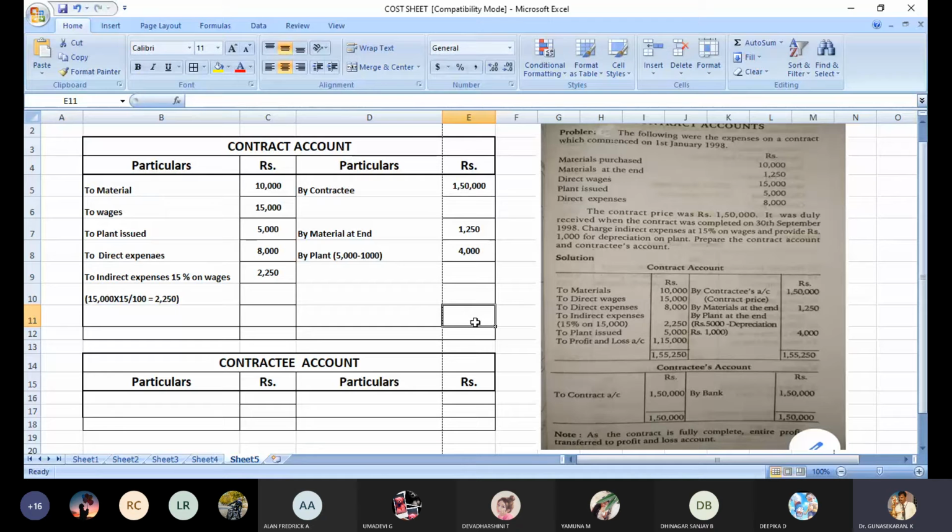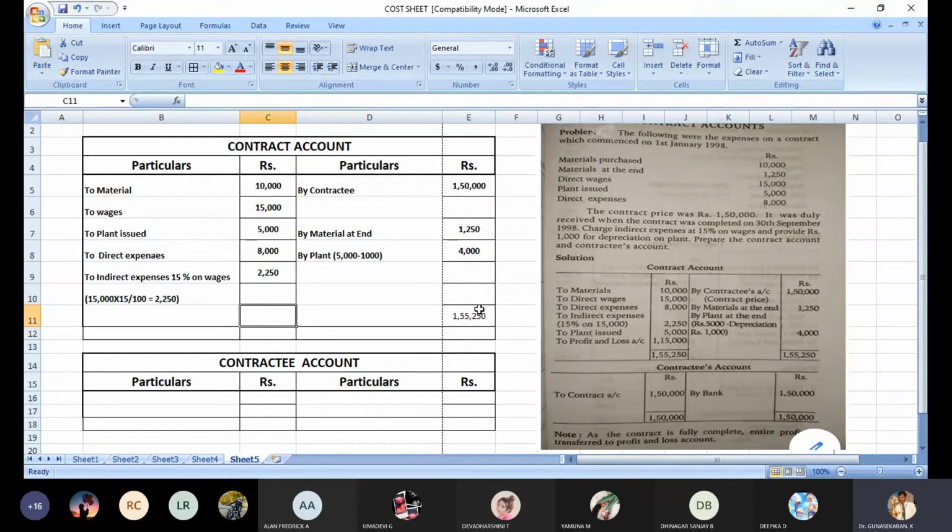Actually, the credit side total value is higher. How much in total? 1,50,000 plus 1,250 plus 4,000, totally 1,55,250 rupees.